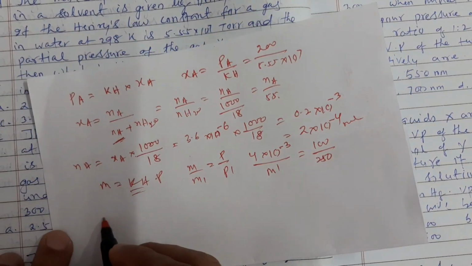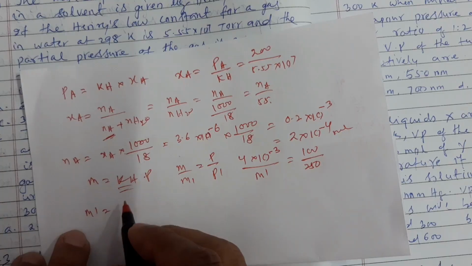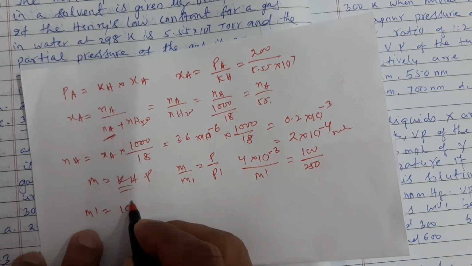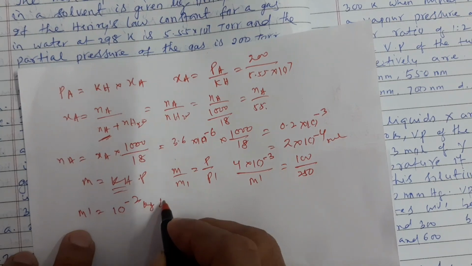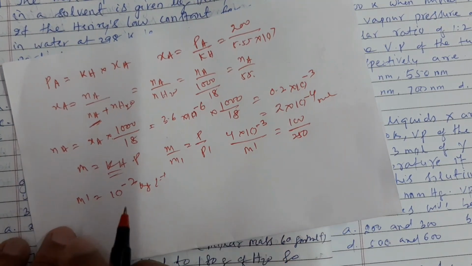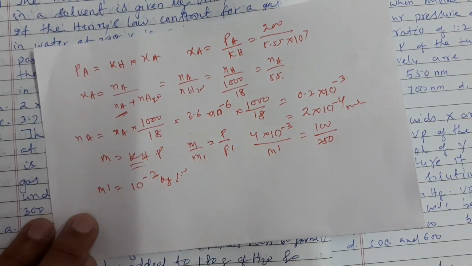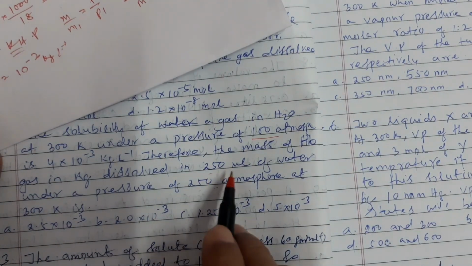So M dash is equal to 10 to the power minus 2 kg per liter. But it is asked for 250 ml.